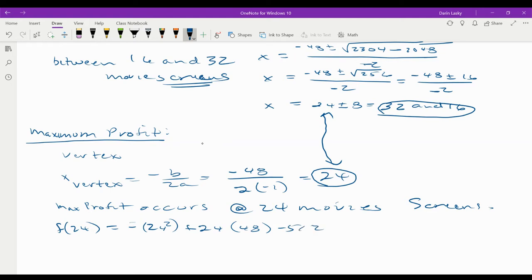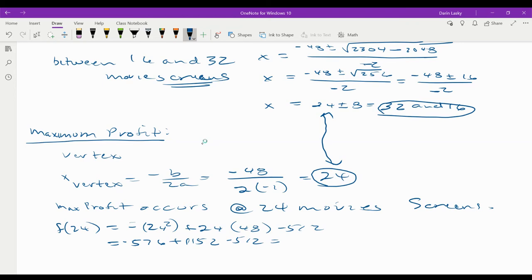So if we plug this into a calculator, 24 times 24 is 576, negative 576, plus 24 times 48, which is 1,152, minus 512.